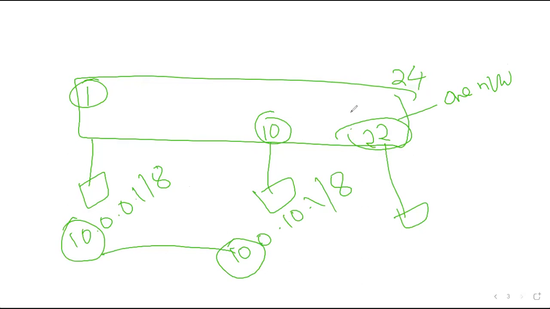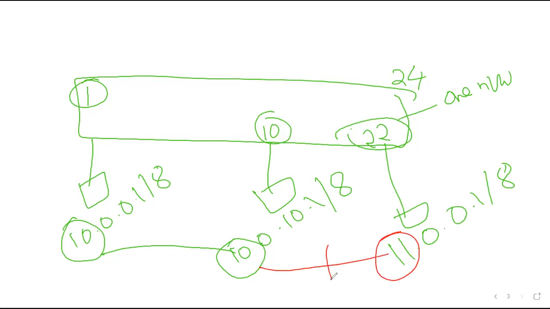The third system, connected to port number 22 on the same network, if you assign an IP address like 11.0.0.1/8, you can see the first octet, which must be the same in class A, matches for the first two and is different here. So as long as you have a different network address, even though they are all on the same network ports, because the system IP is different, they will not communicate.